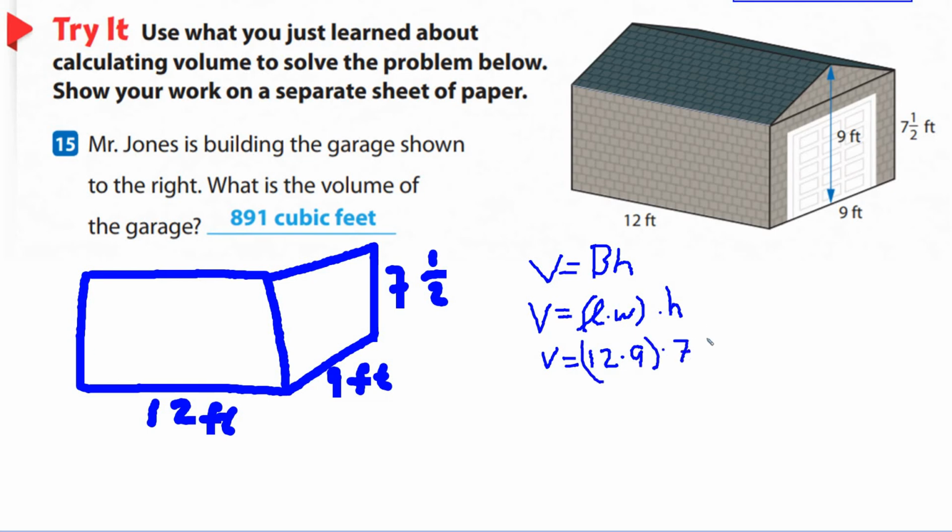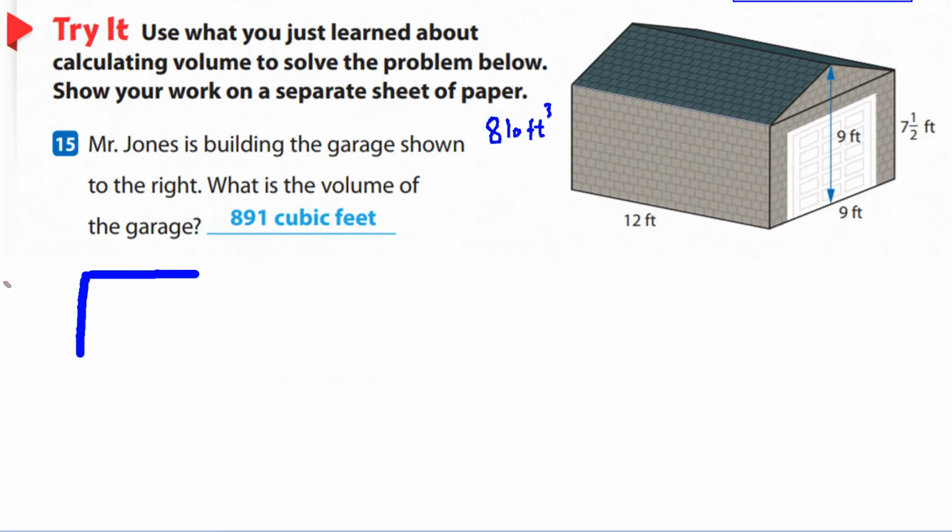Times 7.5. And when I do this math, I should get 810 feet cubed or cubic feet. So that's the rectangular prism. So let me put the 810 right here. I'm just going to do this feet to the 3rd power. Okay. Now, let me erase this.